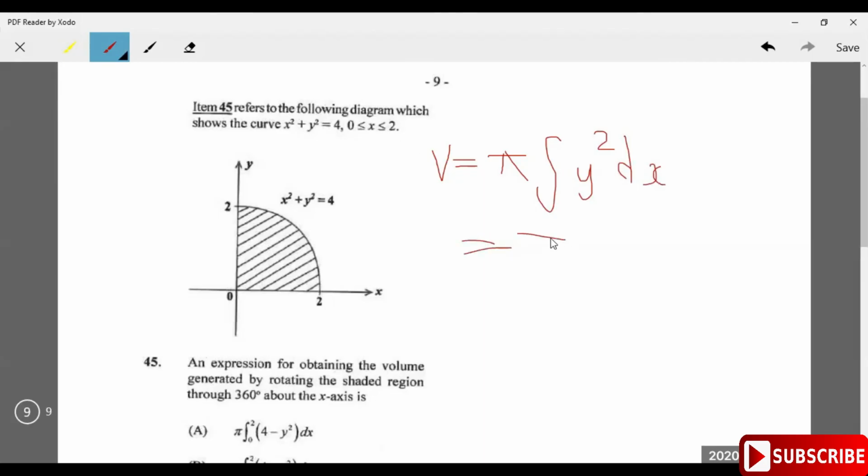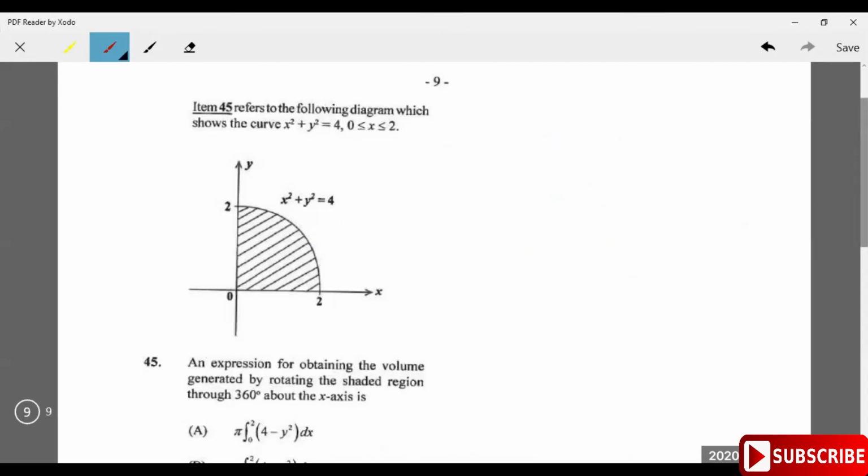So it's equal to pi times the integral from 0 to 2 of y squared, but let's make y squared the subject. Y squared is equal to 4 minus x squared. So it's equal to 4 minus x squared dx.